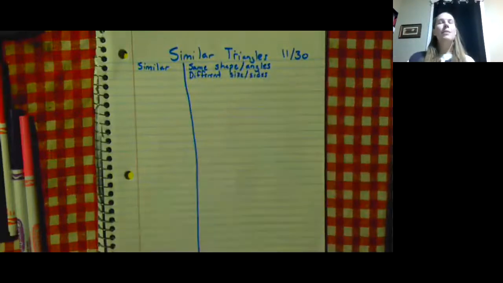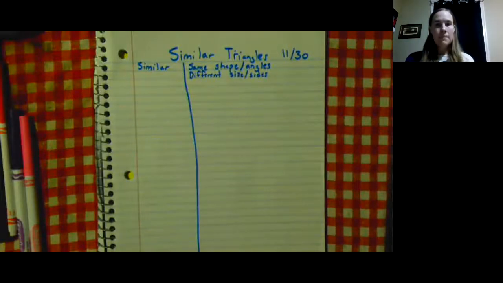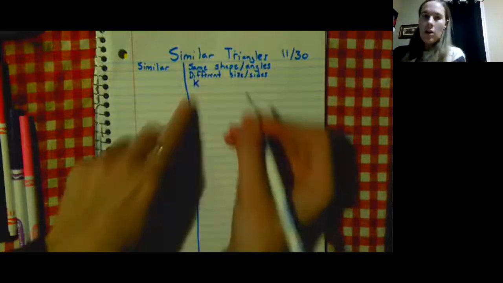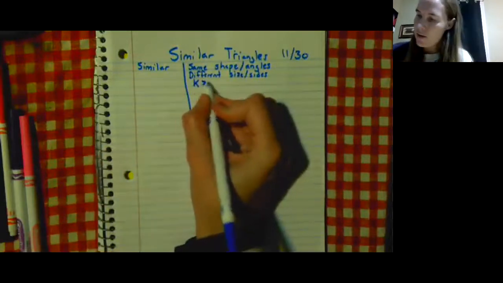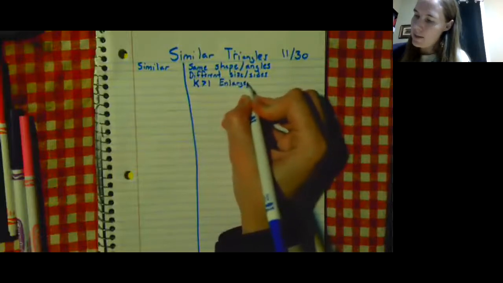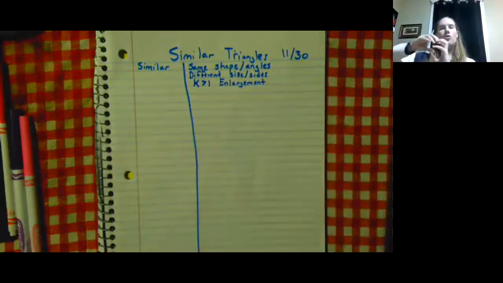We were playing around with scale factor last week, and a lot of this has to do with scale factor. From last week, we learned that when K, which is our scale factor, was greater than 1, it was an enlargement, so our shape got bigger.